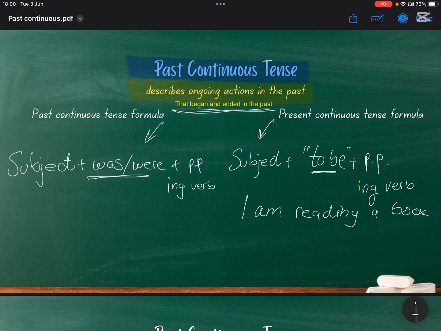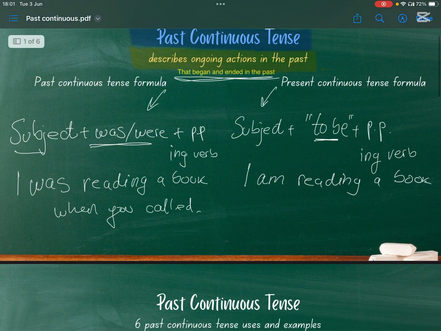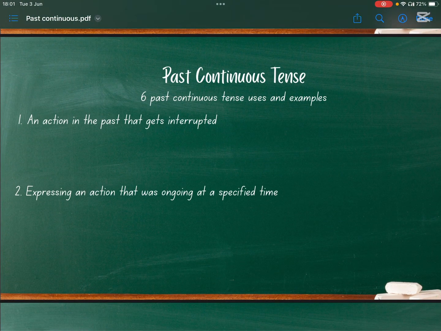Okay, let's make the same sentence in the past continuous. So subject I, past tense of the verb to be, was, and then ing verb, reading a book when you called, for example. Okay, if you've passed present continuous, the past continuous is easy. We will move on to the uses and examples.